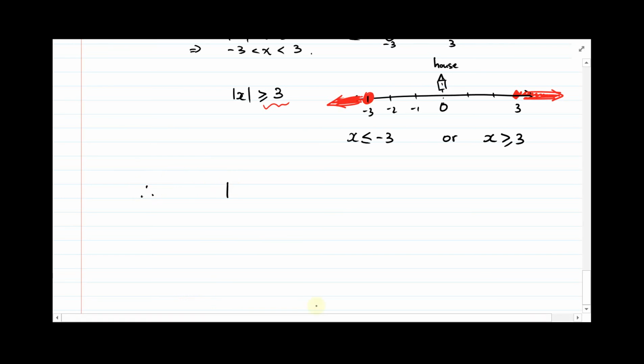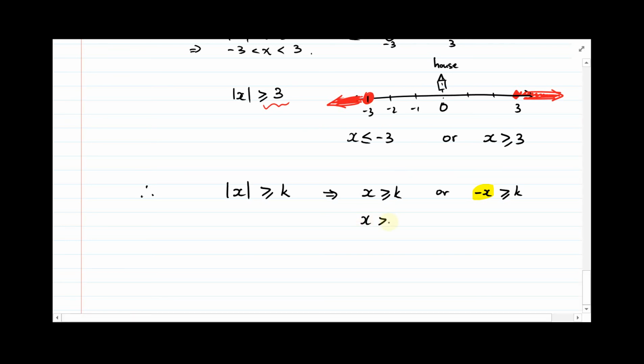So in generalizing, the absolute value of x is greater than or equal to k. This will imply that we have an OR statement. We can look at the 2 parts. We can say when x is positive, we get the first inequality, or if it's negative, we get the second inequality, where I am replacing my x with negative x. This is a method that you'll be using, which is what I'm pointing out.